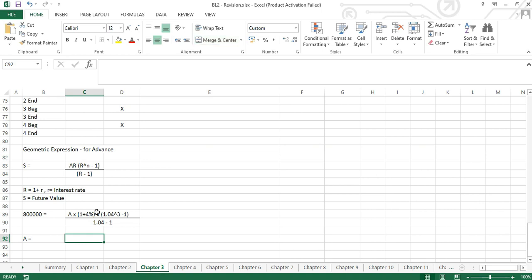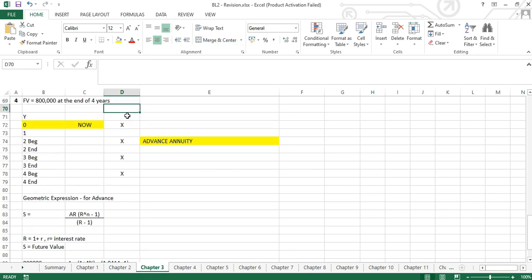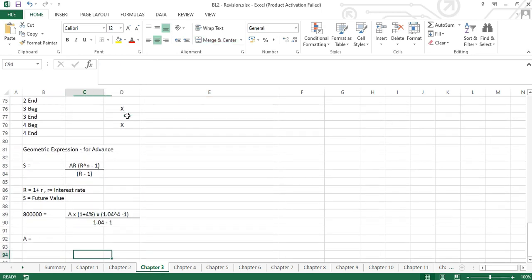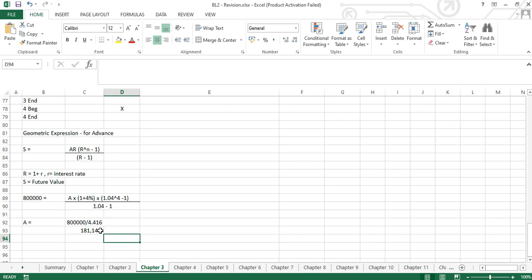Sorry, this is to the power 4, because it's up to the fourth year. If you solve for A, it is 800,000 divided by 4.416, which gives 181,146, nearly this value.